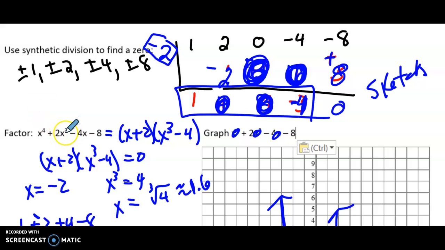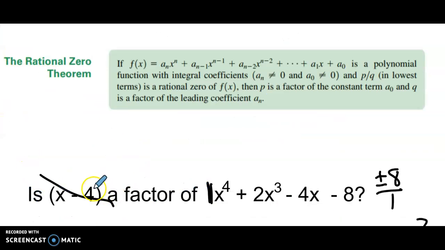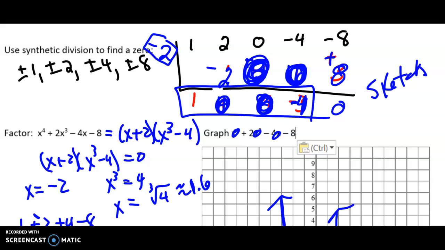So again, to find the zeros, you want to use your factoring. And when they don't tell you, like they asked me if x minus 4 was a factor, it wasn't. But when I needed to pick which possibilities I have, you take all the factors of your constant term divided by all your factors of your leading coefficient.